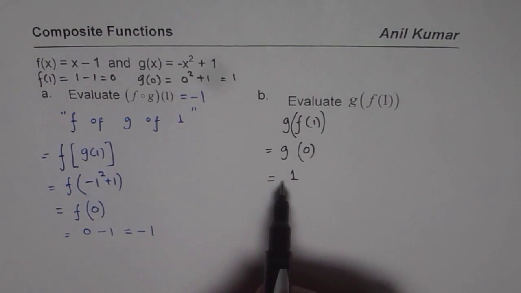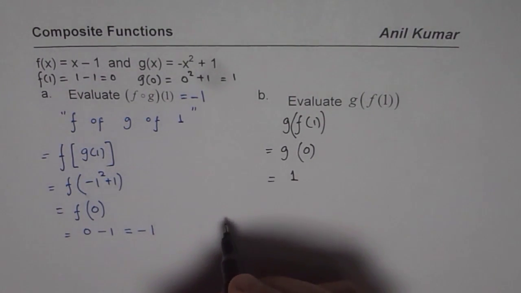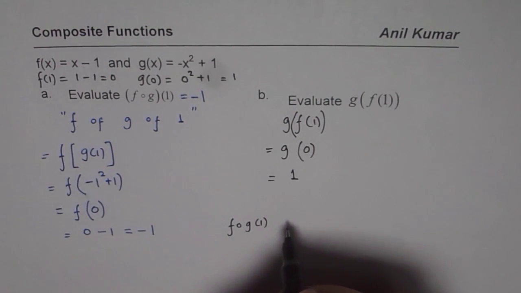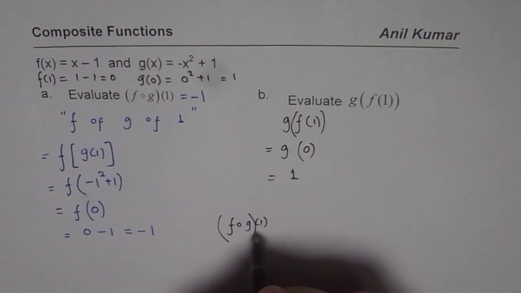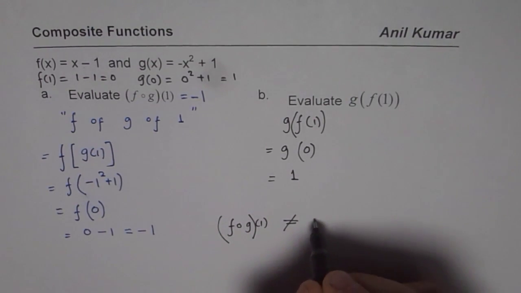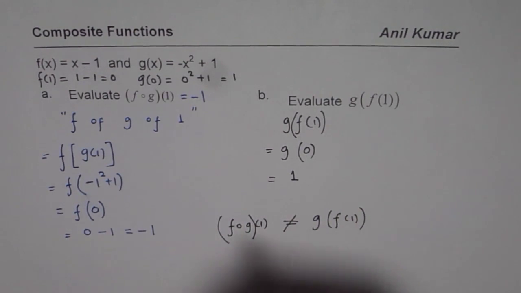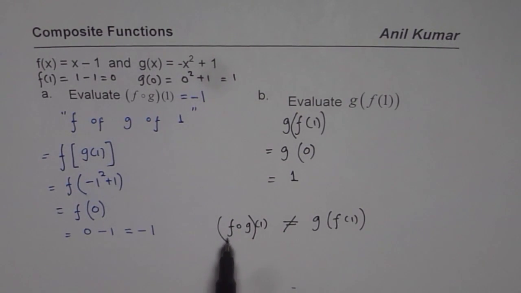But what you see here, and it is very important, is that f of g of 1 in this particular case, when we solved it, is actually not equal to g of f of 1. Do you see that? Whenever we are doing composite functions, a function of another function is not equal if the order is changed; you may not get the same result.